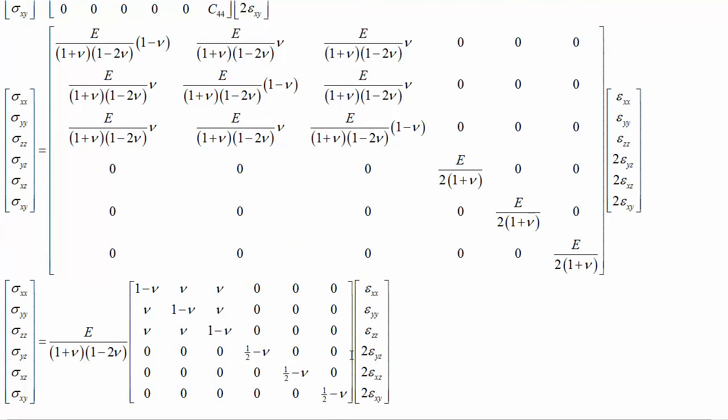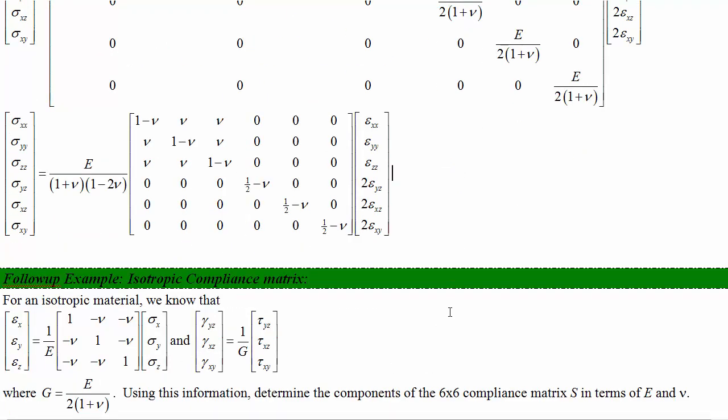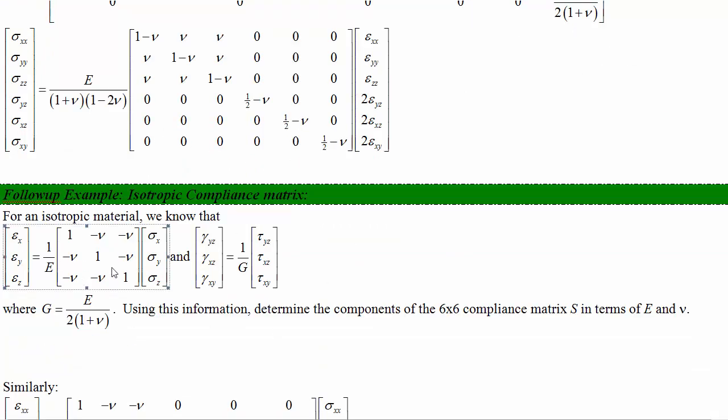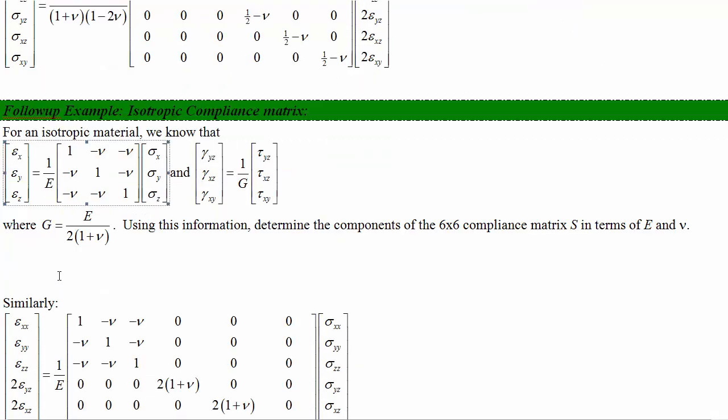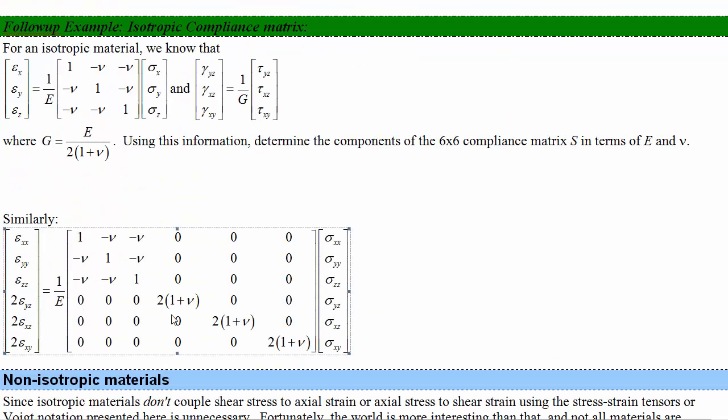This is just combining all of the axial and shear things into one matrix mapping. We can do the same thing for the compliance matrix. We could just invert this, or we could rederive it using the same approach as we did to get this, and let's do that. So that should be your answer.